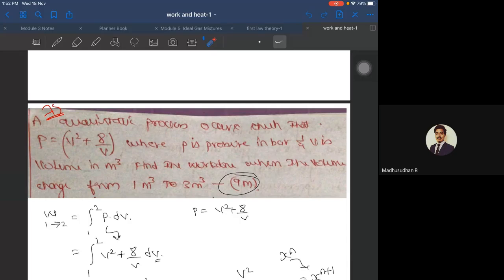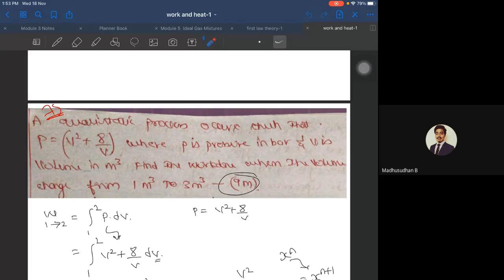That means we will not specify whether the process is isentropic or adiabatic. It is just other types of work: the flow work, the stirring work, expansion work. Some problems can also be asked in the examination, so we shall see some of them and end this topic on work and heat.